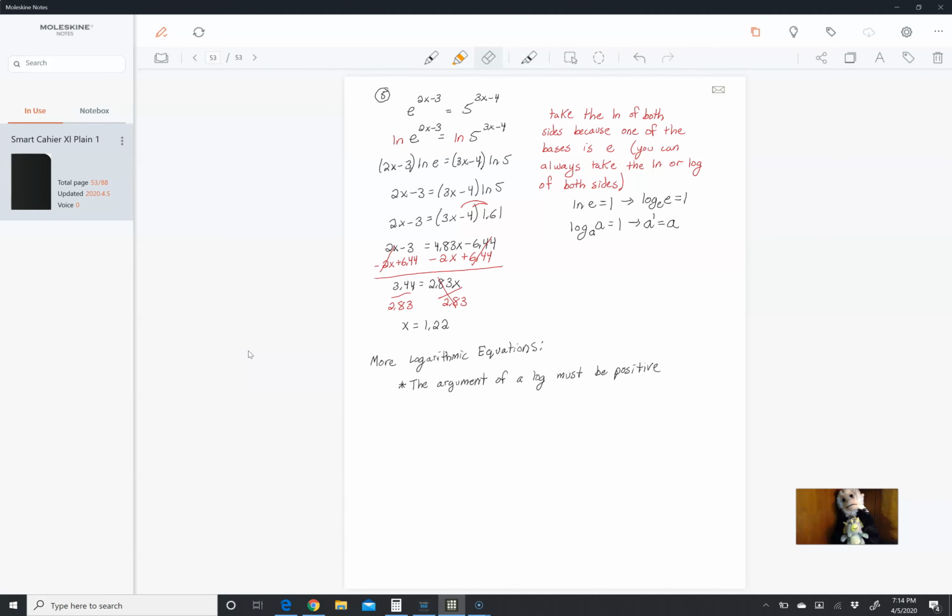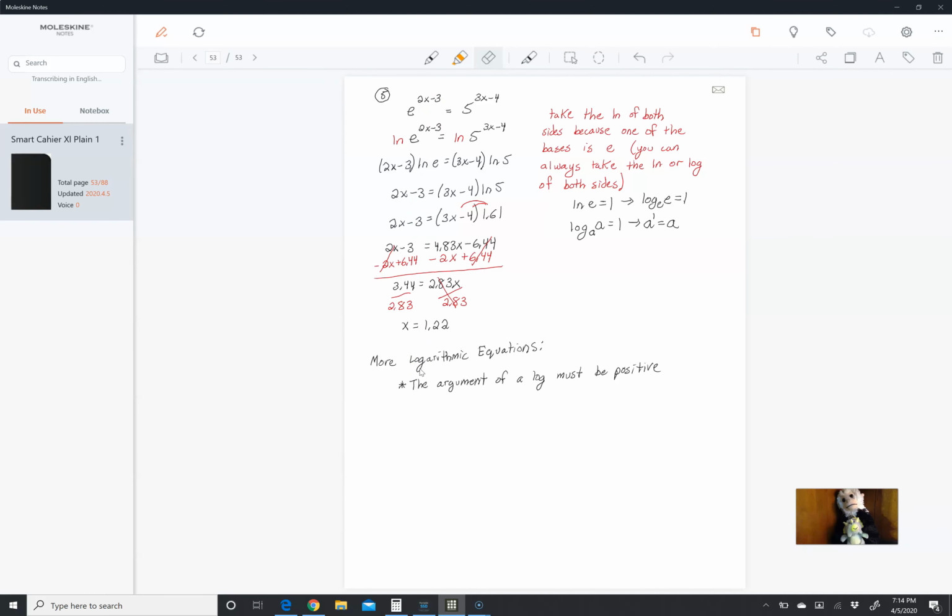In other problems that we did in the last lecture, it was okay if our x wound up negative. It even would have been okay if our x were 0. That's because if we raise something to a power of 0, it's 1. If we raise something to a negative power, we can still calculate it. But for a log, we can't.